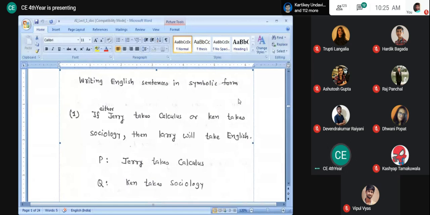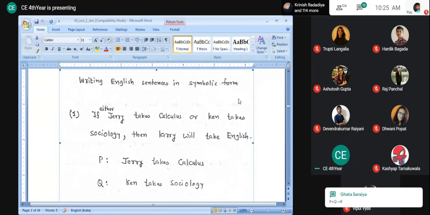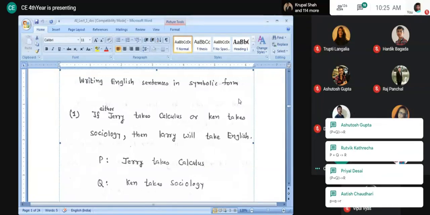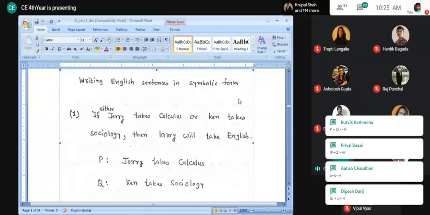Now anyone can write this. Either Jerry takes calculus or Ken takes sociology. Jerry takes calculus is P. Ken takes sociology is Q, and it is either-or, so logical or: P or Q. The conclusion is, definitely correct, P or Q implies R. Correct.